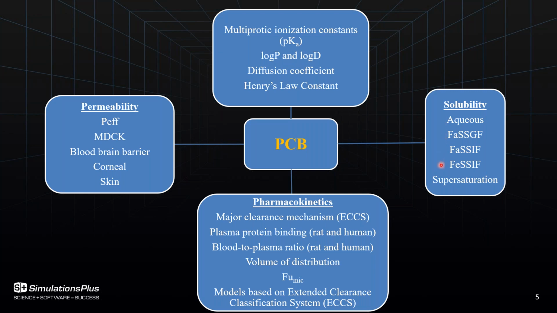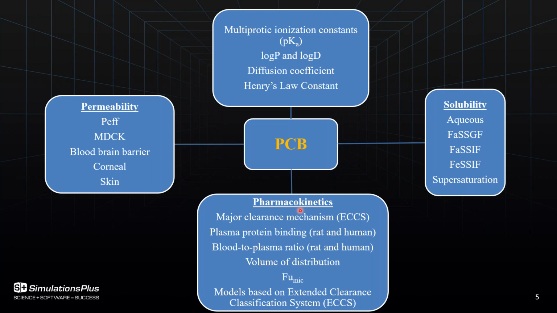Then we have models for fasted and fed simulated intestinal and gastric fluids. These models were built when we outsourced to a lab at a university here in the US, and they performed experiments on about 300 compounds that we specified, and then we used those results to build these models.